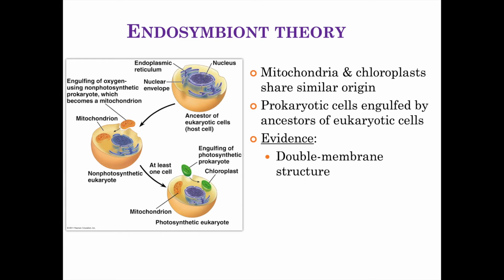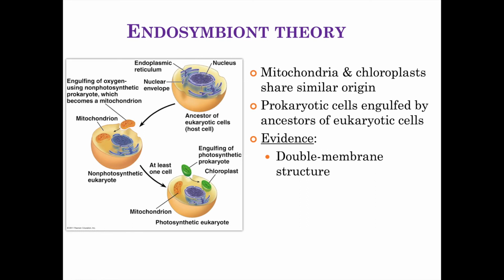You can see that the diagram shows that there is an ancestor to a eukaryotic cell, like the host cell, that has some kind of nucleus structure, and then engulfed cells that were non-photosynthetic prokaryotes that became a mitochondrion.